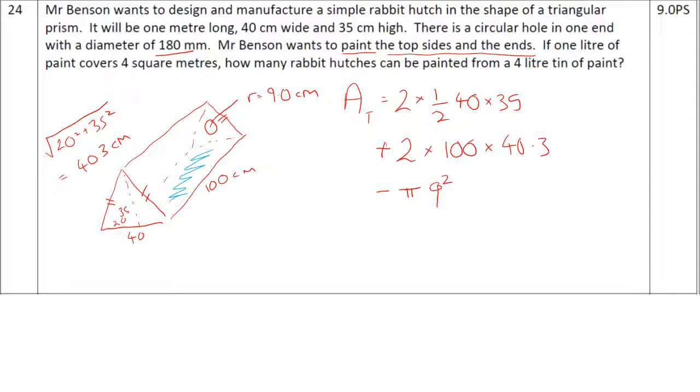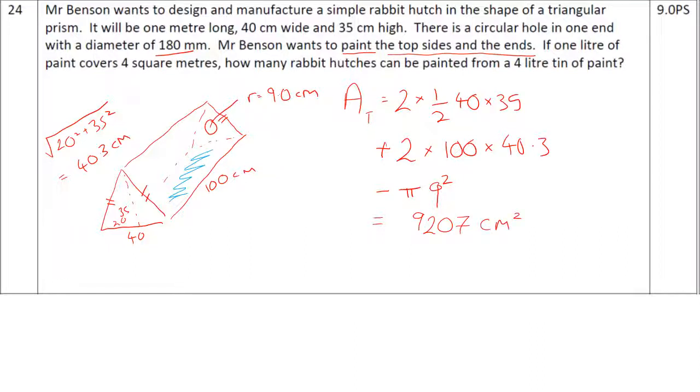So just quickly to review, I've got 2 times a half times 40 times 35. That's the area of 2 triangular ends, plus 2 times 100 times 40.3. That's the area of 2 rectangular sides which form the top, minus pi times 9 squared. That's the area of the hole. And so what we end up with is 9,207 square centimeters.